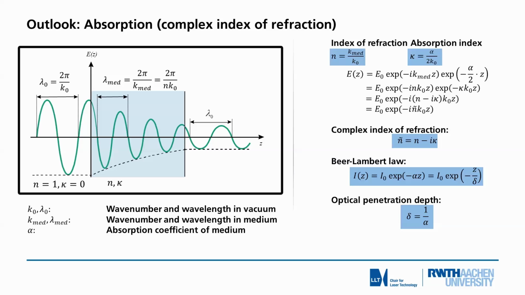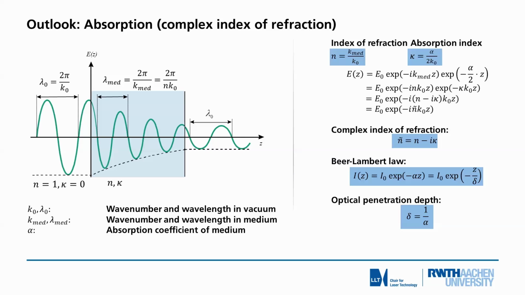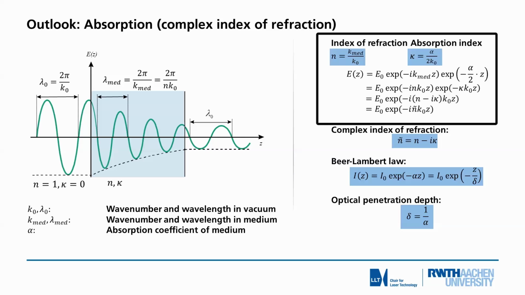Then when the wave again comes out of the medium, as sketched here, the original wavelength can be seen again. On the way through this part of the medium, there is an absorption which took place, and this absorption scales with the exponential factor of an absorption index. This index is defined with respect to the electric field, as you can see here.